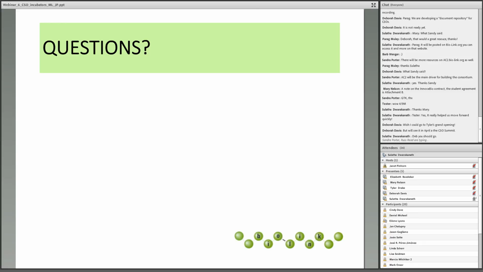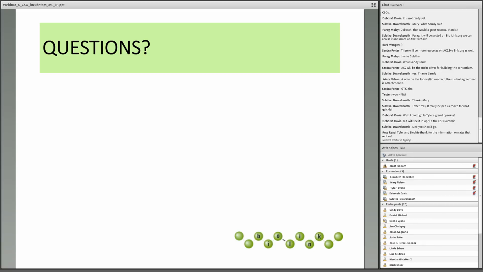I have a couple of questions which I think is very important to go over quickly. One of them was talking about IP issues, company confidentiality, insurance requirement, environmental health and safety. I think a lot of these were addressed piece by piece between Betsy, Mary, and Tyler.